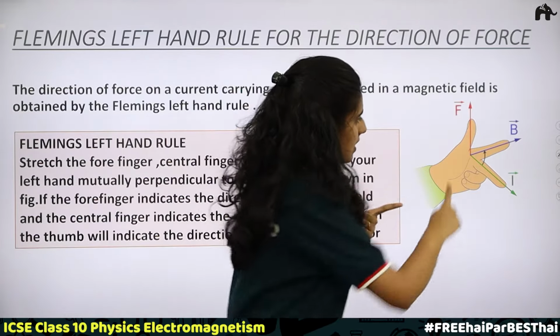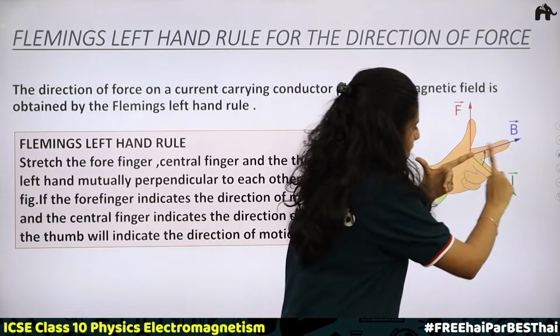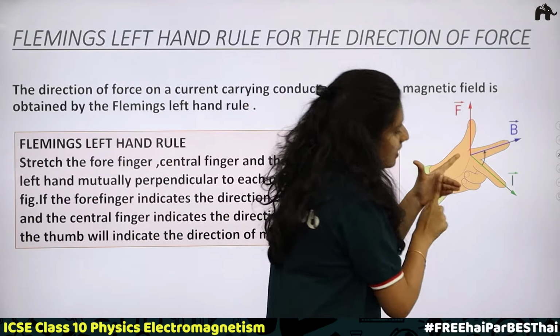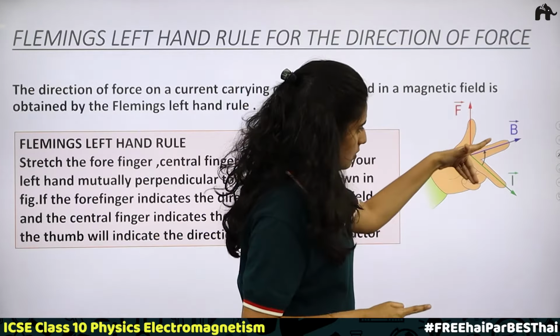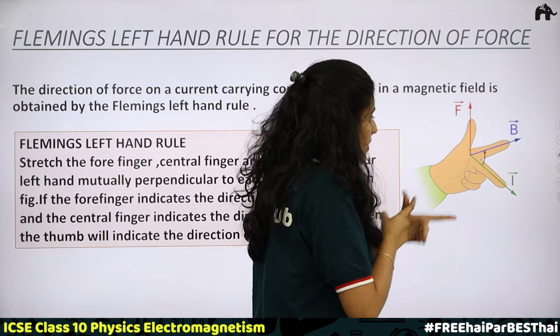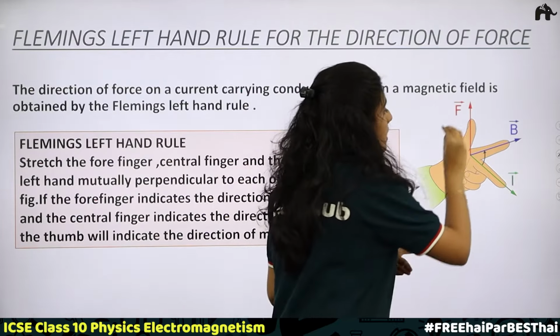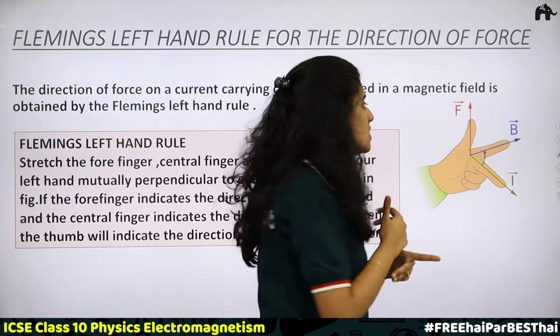Here you have magnetic field B. Forefinger is held in the direction of magnetic field. Then the central finger or the middle finger should be held in the direction of current. Then the direction in which the thumb points will be the direction in which the conductor will move, in which there is motion or in which there is force.